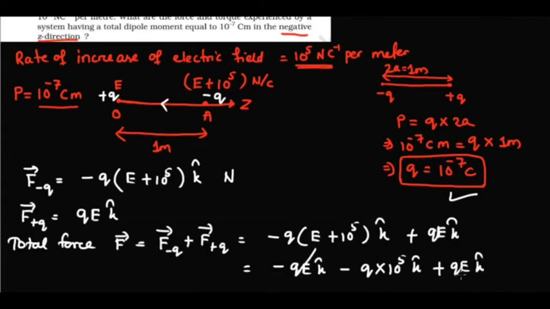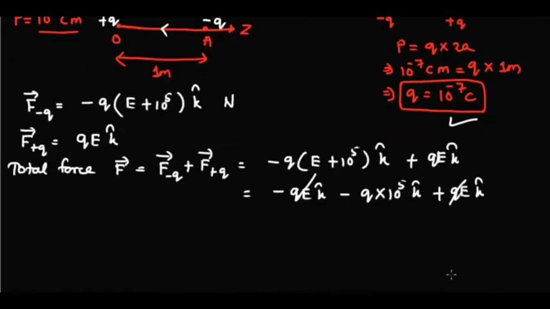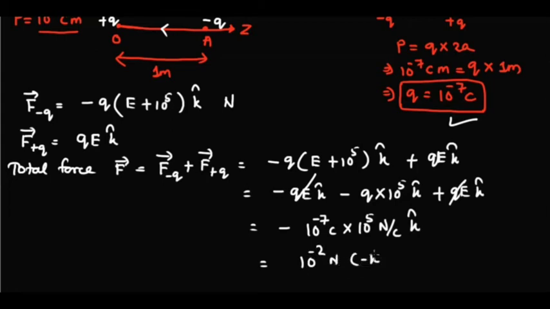So minus q E k cap and plus q E k cap cancel each other, and then we have this expression: minus q, which is 10 to the power minus 7 coulomb, into 10 to the power 5 Newton per coulomb into k cap. That is equal to 10 to the power minus 2 Newton in the minus k cap direction, meaning the total force acting on the dipole will be in the negative z direction. So this is the expression for the total force.